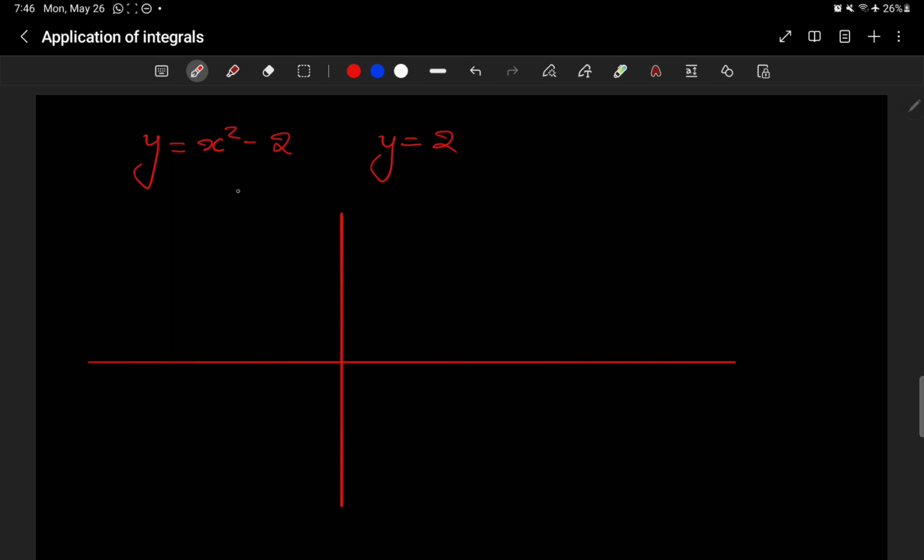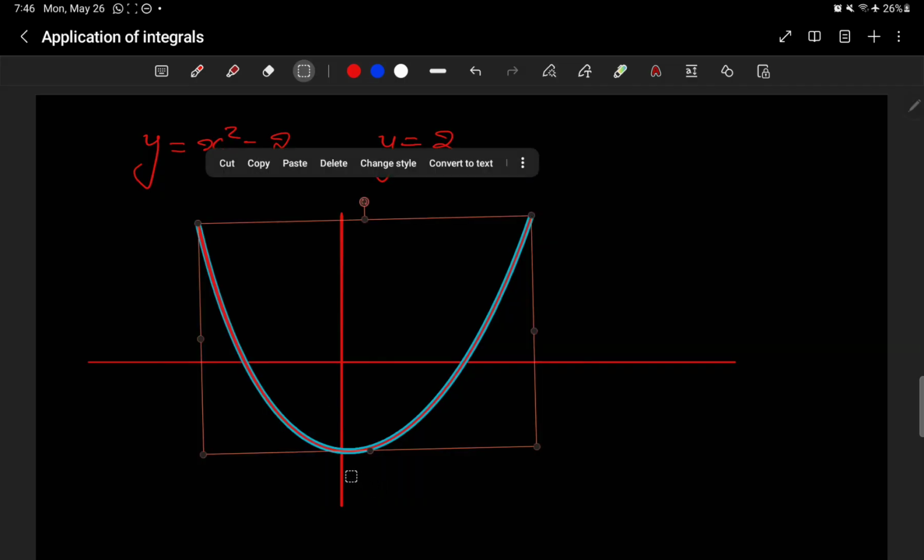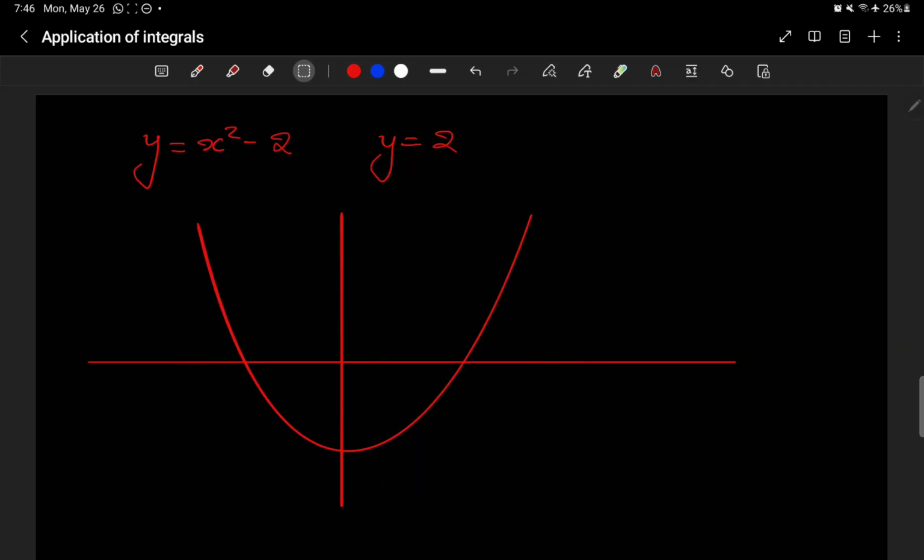Other than that, what else is there? When x is 0, which is along the y-axis, y will be negative 2. So I'm looking at something like this. This graph has its turning point there.